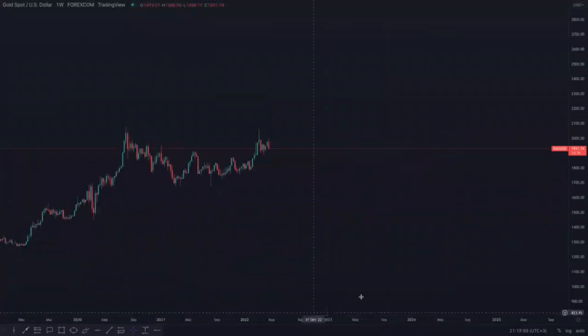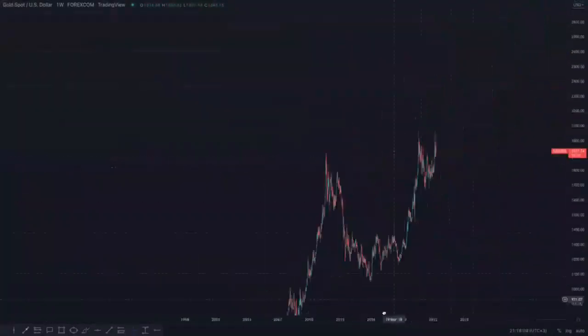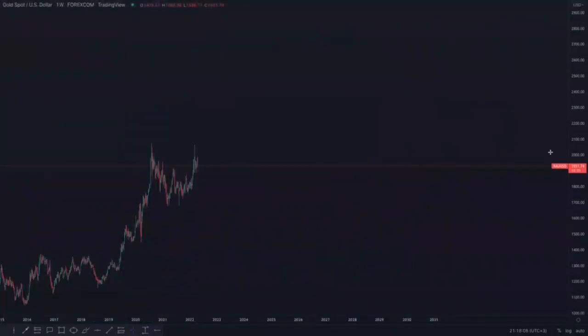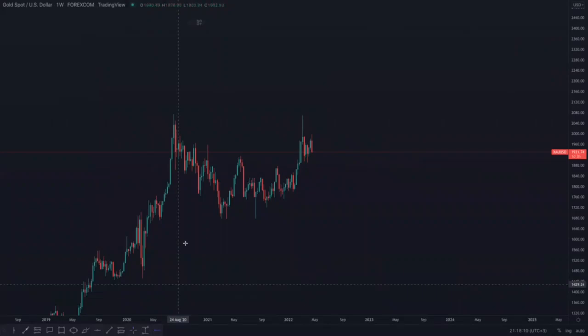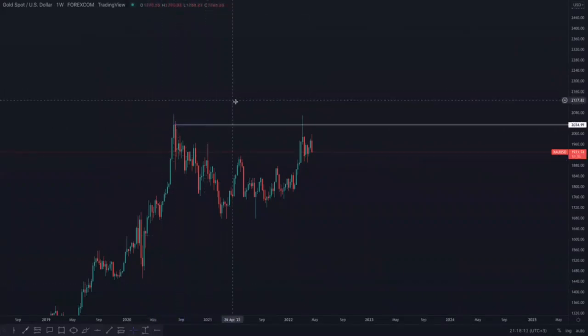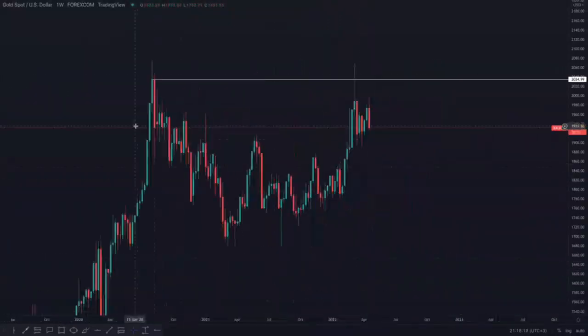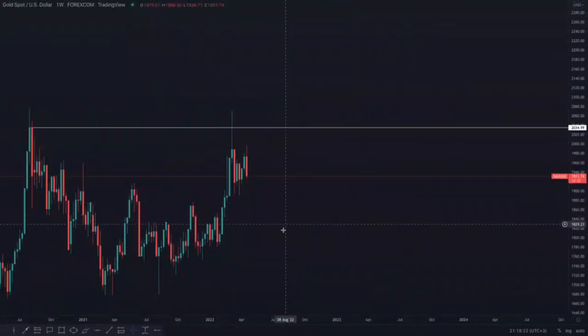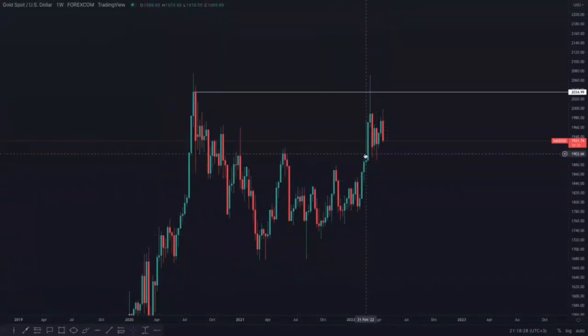So in the weekly time frame, we can see that we have a clear uptrend, but at this current market price, price made a structure retest right here. After price gives us this structure retest, this is a confirmation that we have a high possibility of creating more lows.